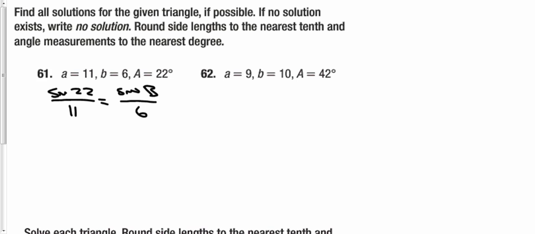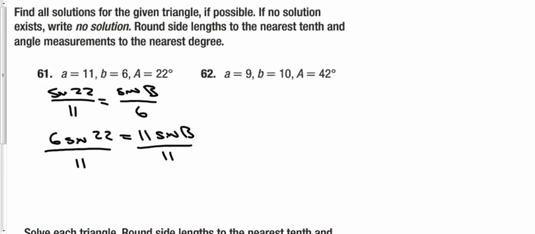Once I have the angle B, I then can get angle C because we know that all angles in a triangle add up to 360. And once I get the other angle, I can solve again for the other side. So let's do this real quick. 6 sine 22 is going to be equal to 11 sine B. I divide both sides by 11.